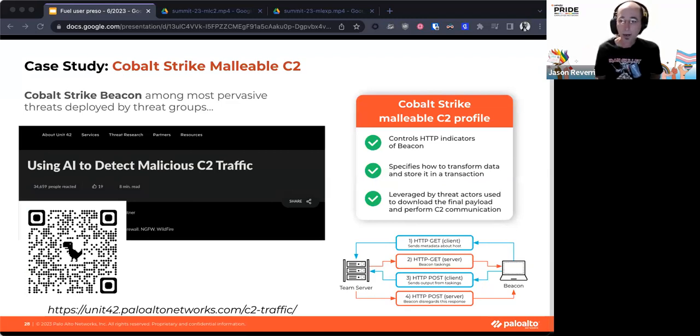The malleable profile dictates how the C2 beacon, which is on the compromised system, talks to the attacker's infrastructure, and it's really highly customizable. And it's built to evade signature-based network security controls. And as I mentioned earlier, Cobalt Strike's being leveraged heavily by malicious attackers, with multiple examples in the last month.